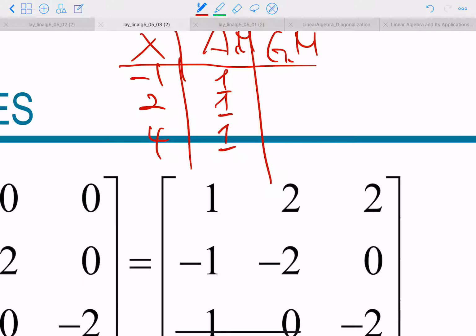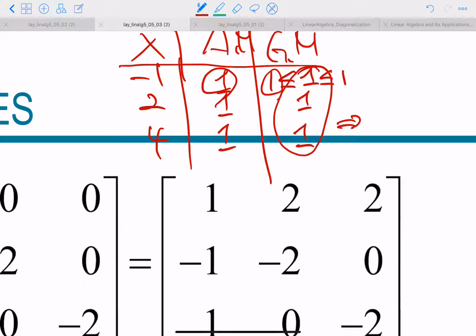And then the geometric multiplicity should be at least 1 and also at most 1. So this is an upper bound, but we know it's at least 1. So the only possible way is that the geometric multiplicity is 1 for each eigenvalue. In this case, if we sum them up, we can always obtain 3 linearly independent eigenvectors, right? So we don't need to worry about a geometric multiplicity strictly smaller than the algebraic multiplicity, right?